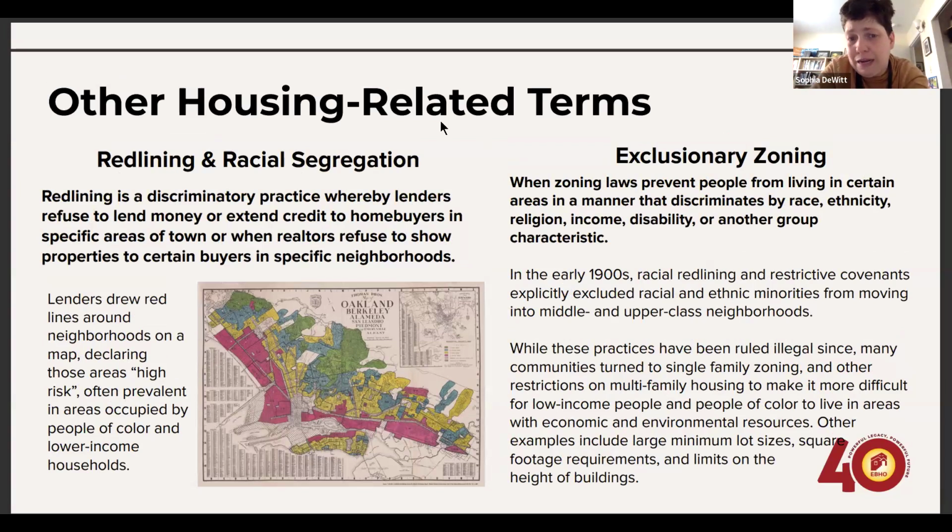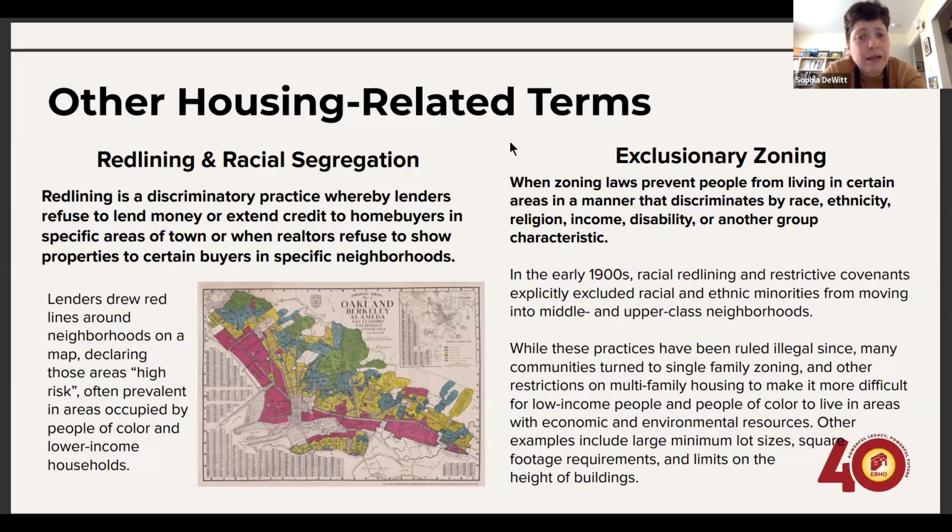And that's also related to exclusionary zoning, which occurs when zoning laws prevent, or prevented, people from living in certain areas, discriminating by race, ethnicity, religion, income, disability, or another group characteristic.